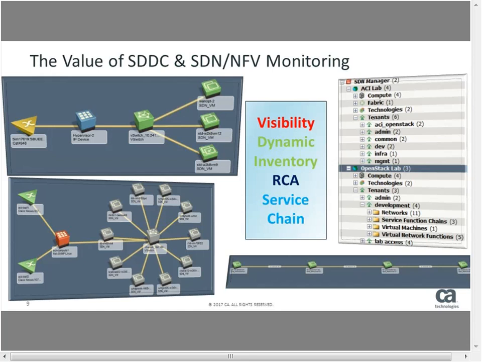This is more important, and I'll talk in a while about why that is important, what the scenario was earlier and what it is now, and how this dynamic inventory capability in Spectrum helps your network engineers diagnose those issues. Obviously, root cause is the bread and butter of Spectrum to reduce your MTTR, and it also provides you visibility into the service chain.